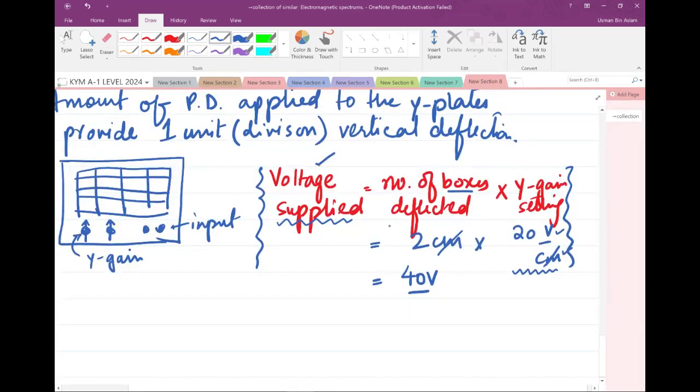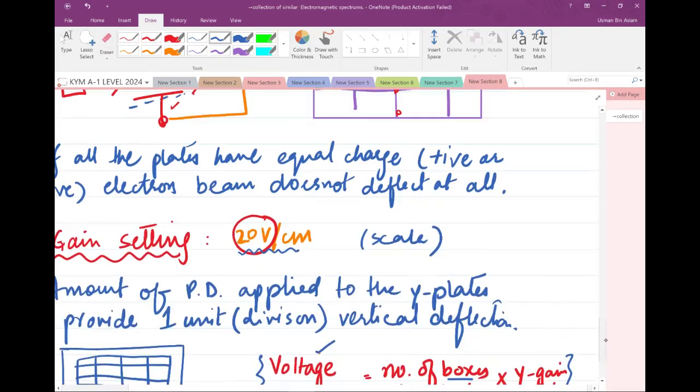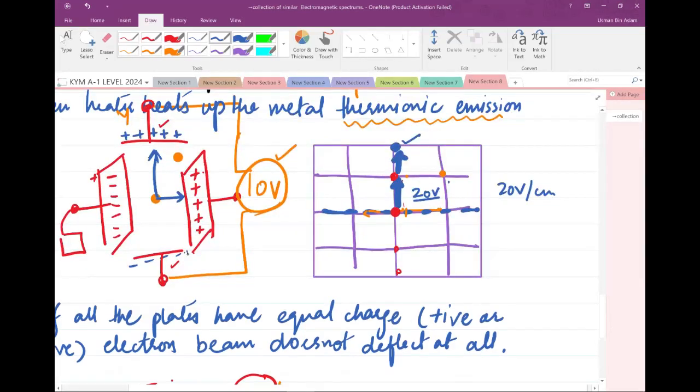Simply. Okay, sir, what if the boxes were deflected down? Would that give us a value in negative? Yes, that would tell us how much voltage was given to the bottom plate. If the electron beam was deflected downwards, that would mean the bottom plate was positive instead of the top plate. That would just mean that the electron beam got deflected downwards because the bottom plate was more positive than the top one.